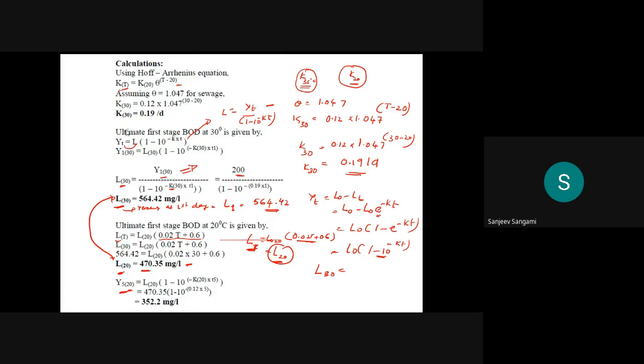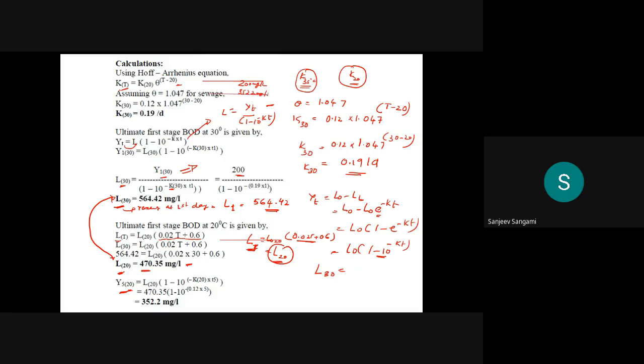But you can see at Y1, the first day, it was 200 milligram per liter irrespective of the temperature. Y5 at 20 degrees centigrade is 352.2 milligram per liter, while the first day it was 200 milligram per liter.